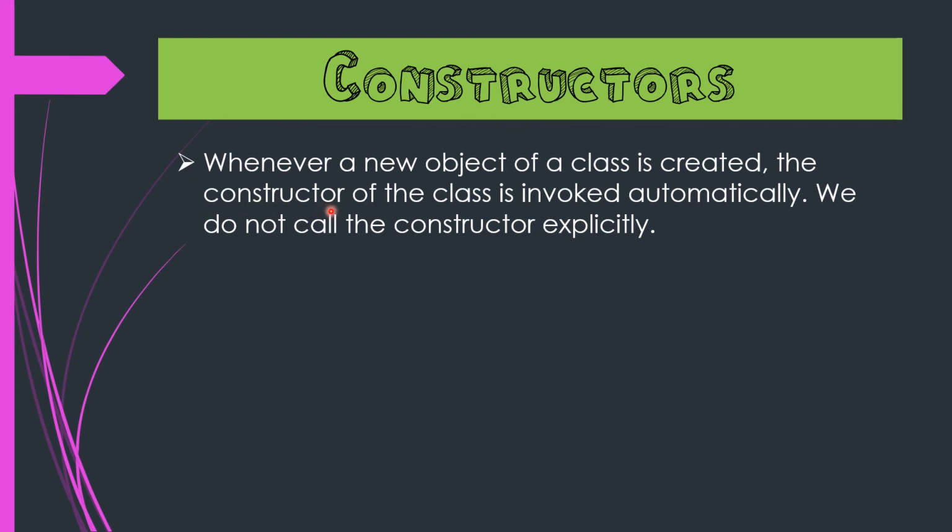So how is this constructor invoked or called? Basically, it is invoked automatically. We do not need to call it explicitly. The user does not need to write any code for calling the constructor method. It will be called automatically whenever we create a new object of a class.